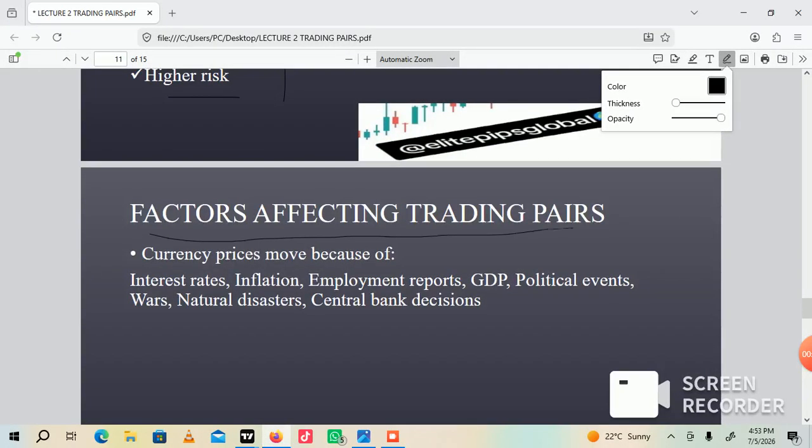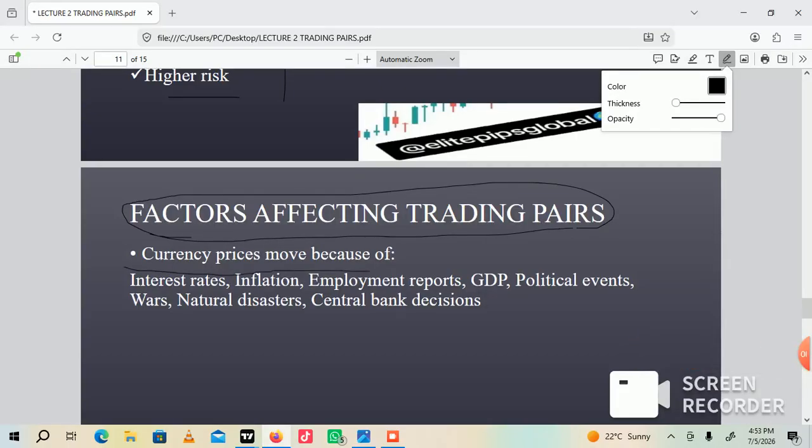Now we come to the factors affecting trading pairs. What are the general factors that affect the trading pairs? We have many factors that can affect trading pairs.